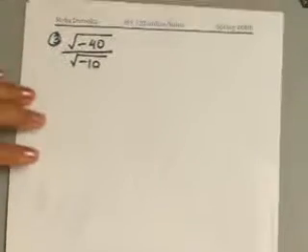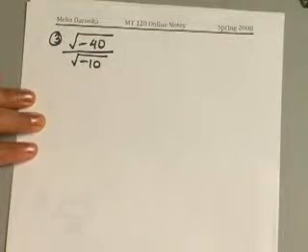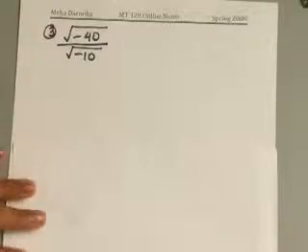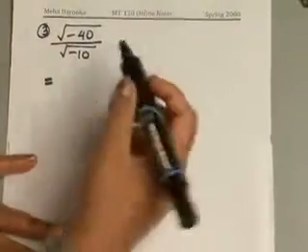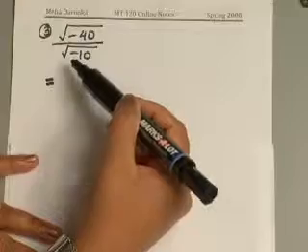In the same way, we want to take a look at examples that involve division. So let's see how we would work with a problem like this. Right, so let's say we have square root of negative 40 over square root of negative 10. Just like we did with the multiplication problems, go ahead and rewrite each one of these as a product of i and a positive radicand.